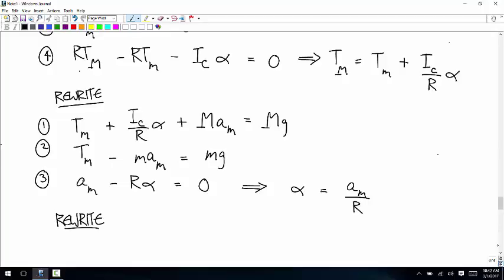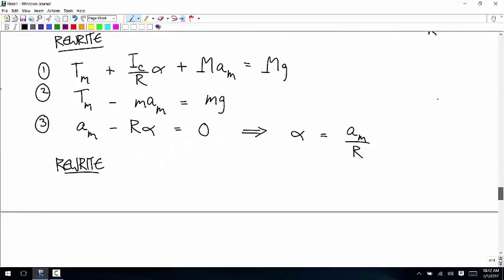So rewrite. The first equation says T little m plus I sub c over r squared A sub m plus big M a little m is equal to big M g.